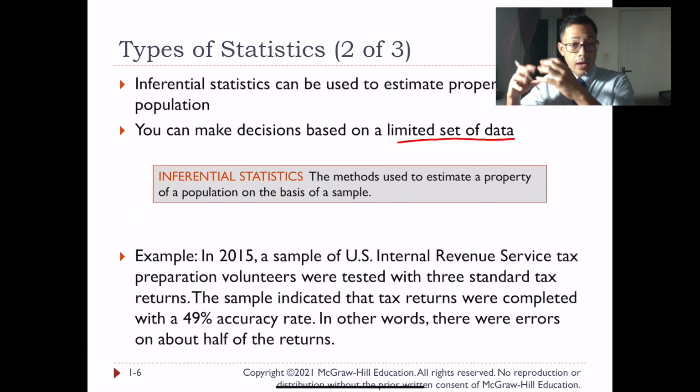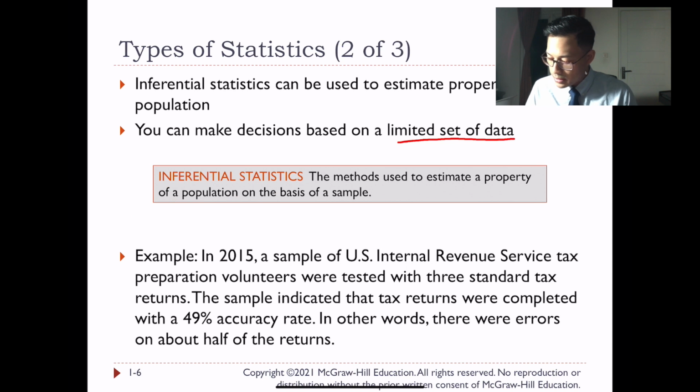So again, you have a sample that is relatively big, and then what you want to do is gather limited information to make an inference about the population. So one thing that you will learn is that inferential statistics means that you're going to collect a sample, and then based on that sample, you're going to estimate or make some inference about the population.